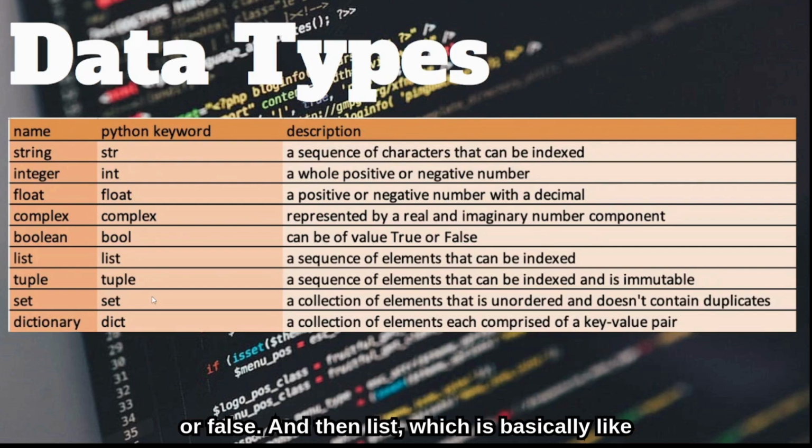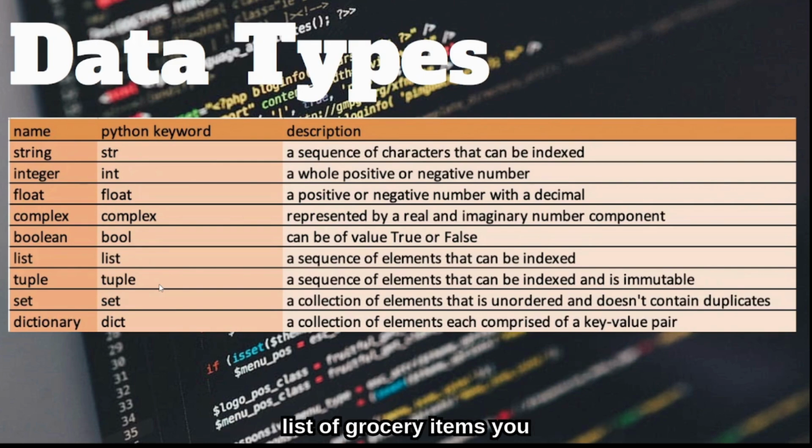And then list, which is basically like if you went shopping and you had a list of grocery items you wanted to pick up. That's basically what a list is. Then a tuple is a collection, which is basically a sequence of elements that can be indexed, and it is immutable.